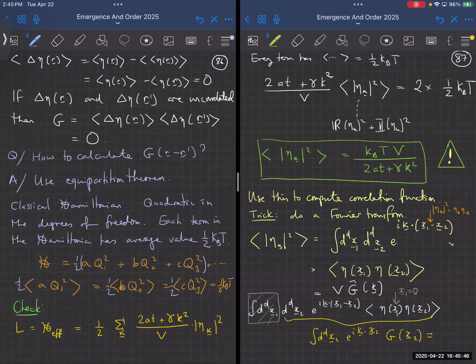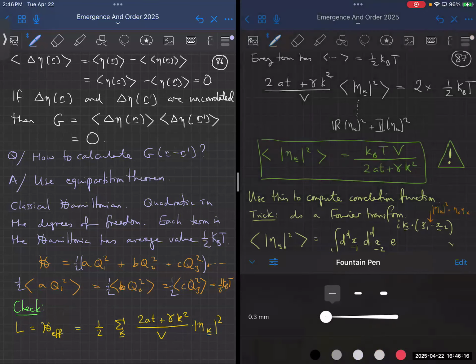And that is, by definition, the Fourier transform of the two-point correlation function. The x1 didn't come into this. So now when I restore the integral over x1, that's just going to give me a factor of v.